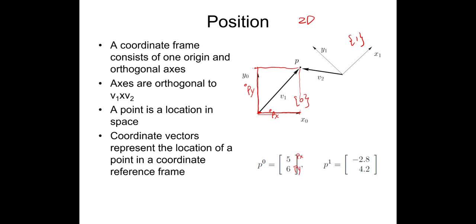And from this drawing, we can quickly measure, this is 5 and this is 6. Okay. So then how about this P point, which is right here, this P point in the frame 1. If we want to do that, we need to consider the 0 coordinates, which is to consider the position in the 1 coordinate.